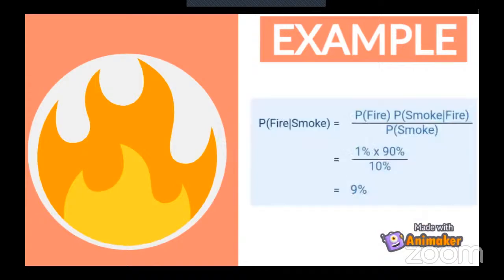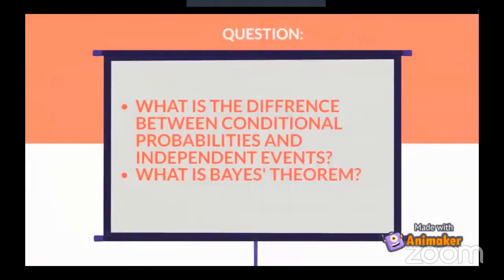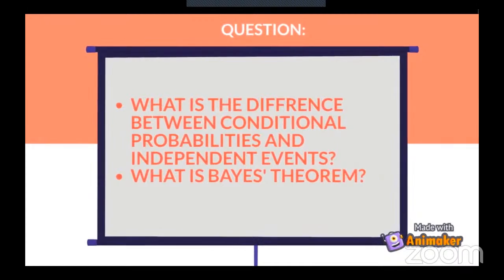P of fire given smoke equals P of fire multiplied by P of smoke given fire, divided by P of smoke, which equals 1% multiplied by 90% divided by 10%. It equals 9%. On to the question: what is the difference between conditional probabilities and independent events? And what is Bayes' theorem?